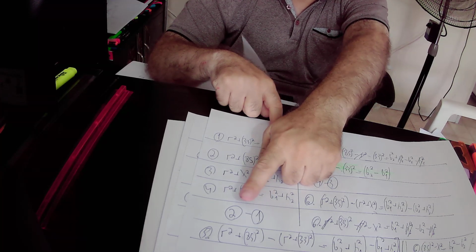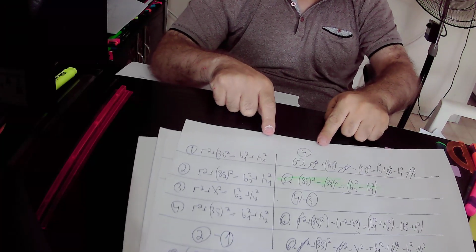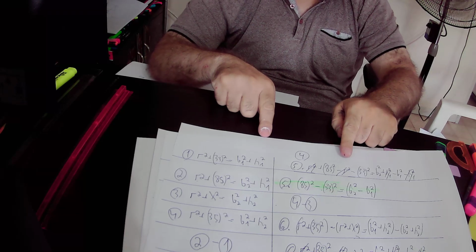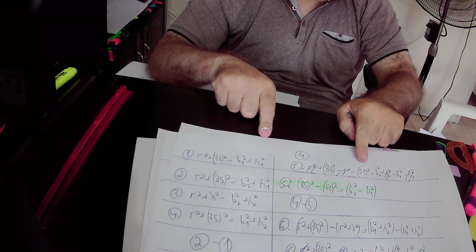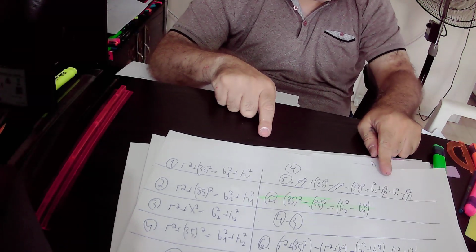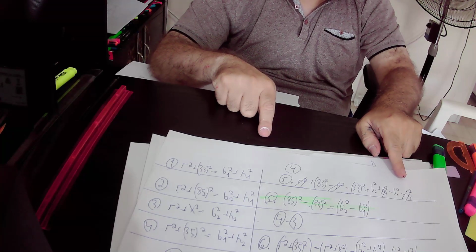Then we open the brackets on this equation number 5, and we got here r square plus 85 square minus r square minus 33 square, that is equal to b2 square plus h1 square minus b1 square minus h1 square.